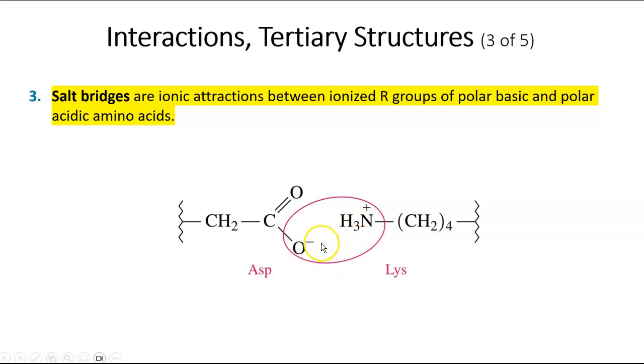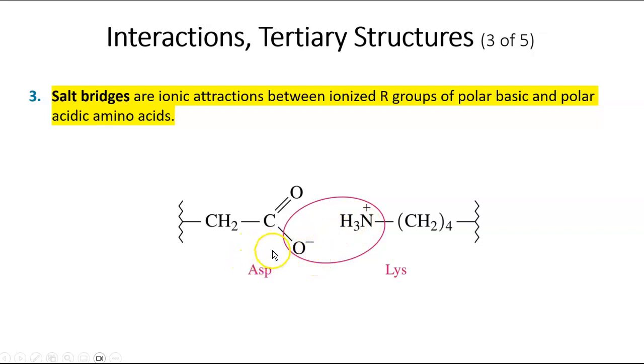If you see an R group that contains a negative charge, like in carboxylate groups, and an R group that contains a positive charge, together they can make these salt bridges. So these are ionic interactions. Salt bridges are the same as ionic interactions.